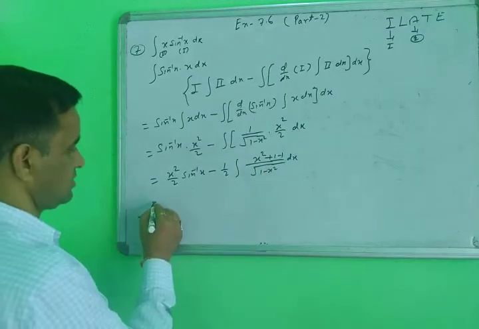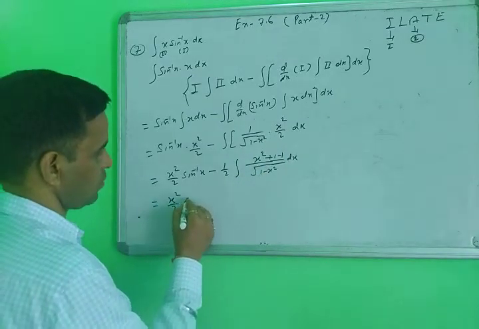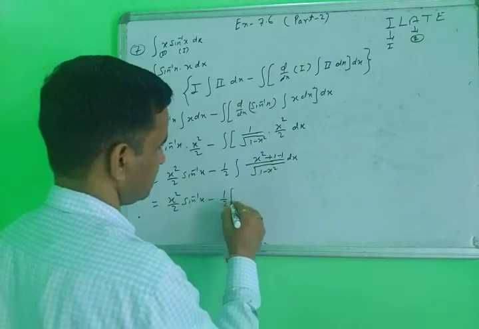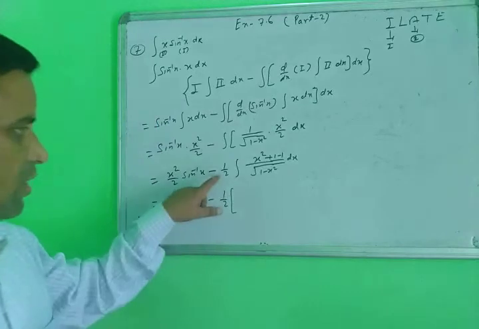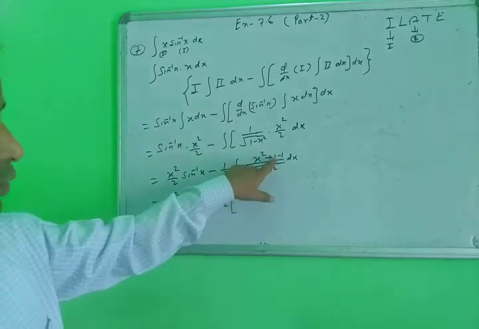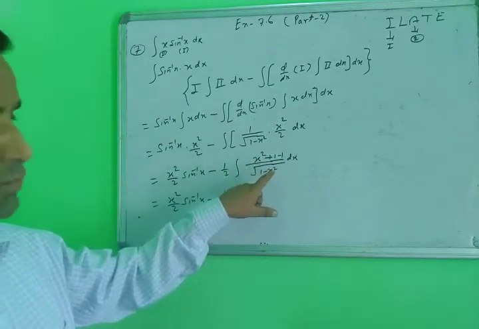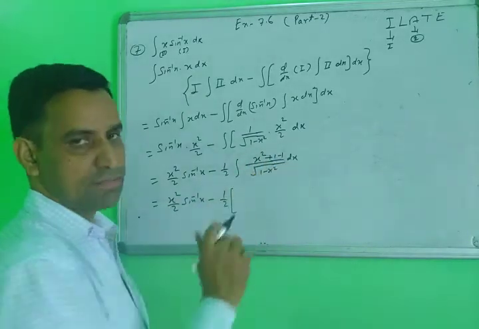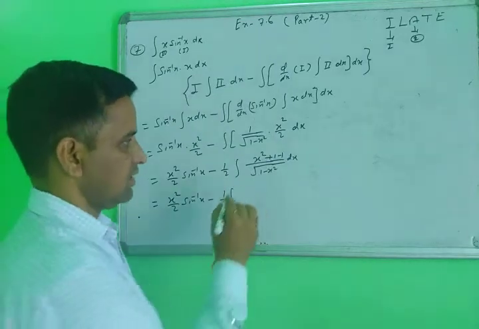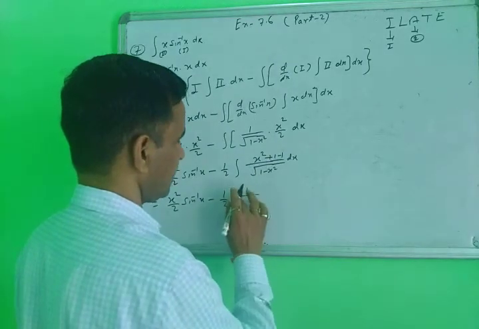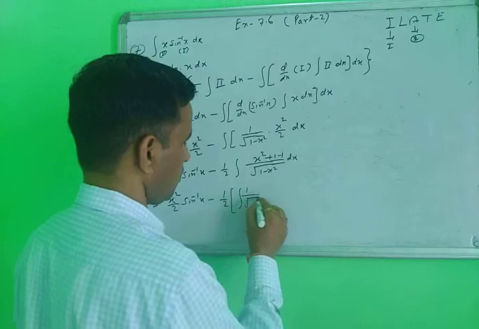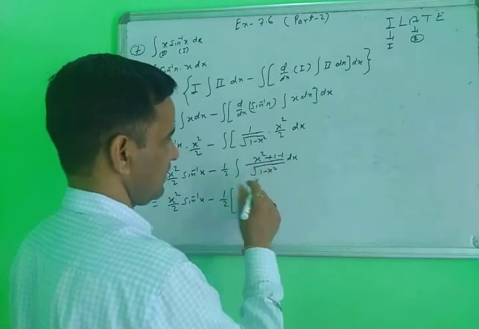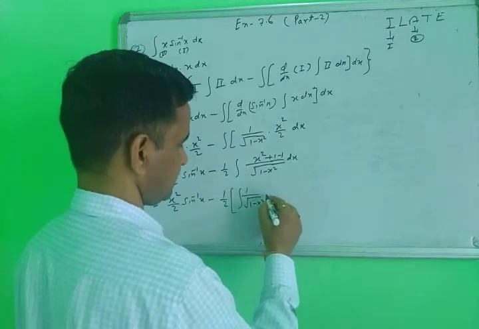Now change it: x square by 2 sine inverse x minus 1 by 2, this is outside. Here you are adding and subtracting 1, so the function will not change. If you add the same value and subtract the same value, the function does not change.